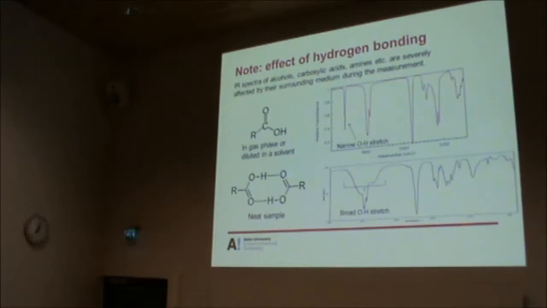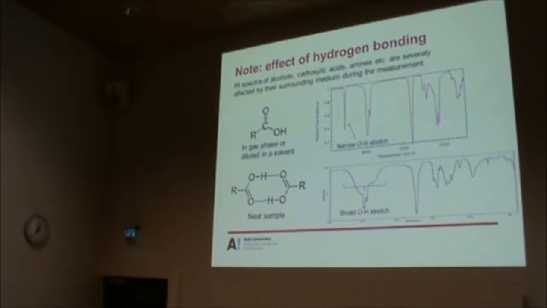One other thing when it comes to carboxyls is that carboxyls are capable of forming intermolecular hydrogen bonding. Inter is between two. So you have the hydrogen of one carboxyl being shared by the oxygen of the other.